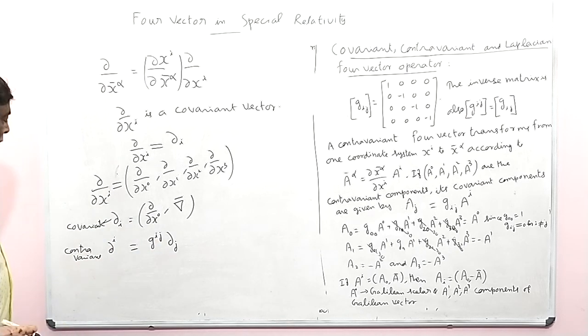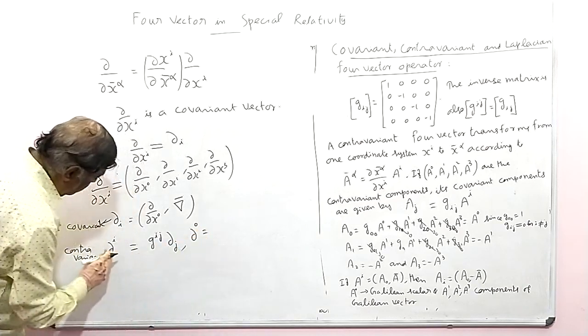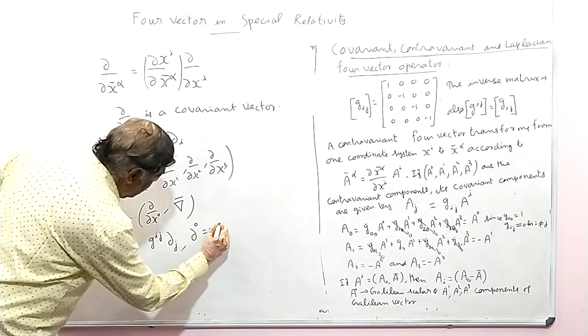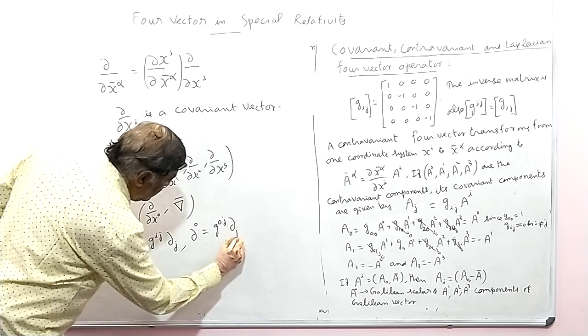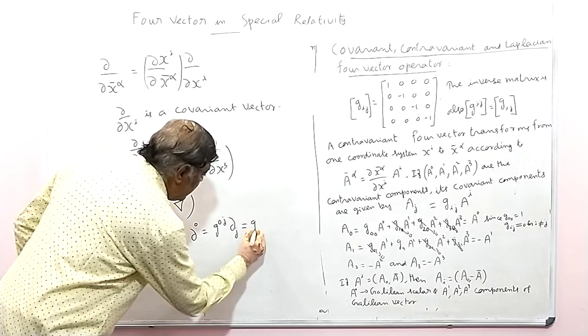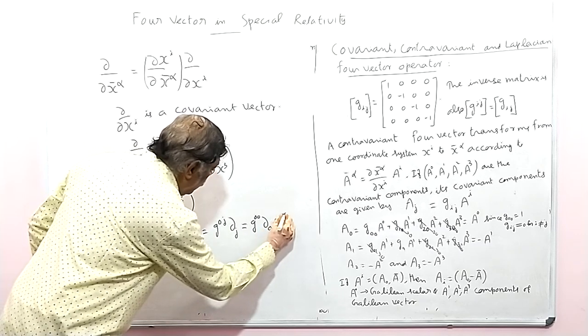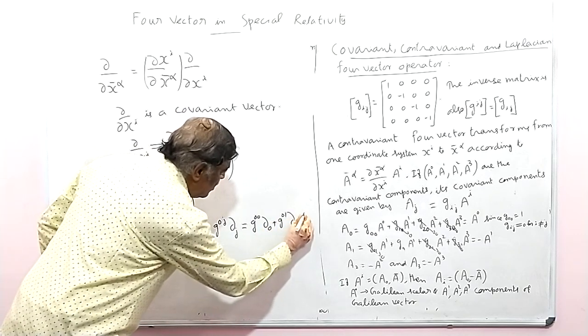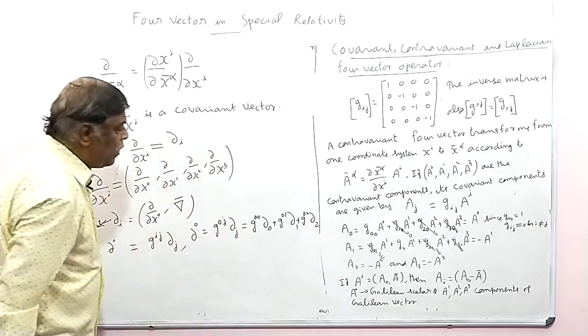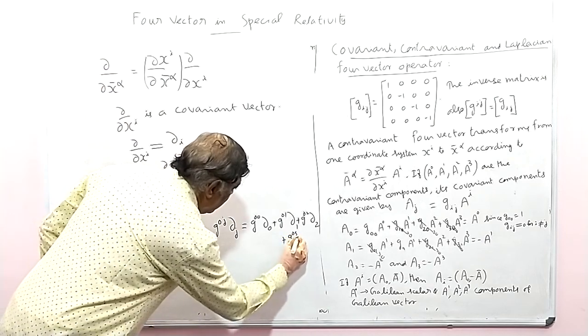So, now suppose we put i equal to 0. This is g^0j dj. You perform the summation over j. So, the term will be g^00 d0 plus g^01 d1 plus g^02 d2 plus g^03 d3.